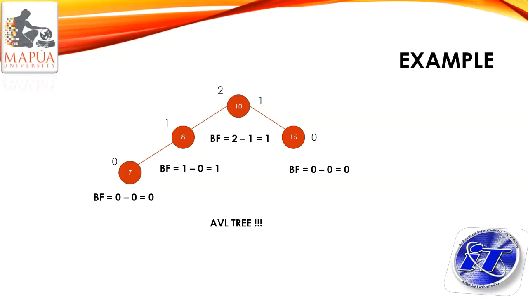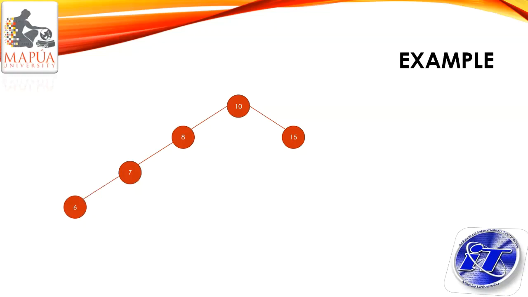Okay. Again, the balance factor should be either negative 1, 0, or 1 for all nodes to be considered an AVL tree. Another example. So we have now 5 nodes. So 0, 1, 2, 3 for the left side, and for the right side we have 1. Let's check if each balance factor is 0, negative 1, or 1. Let's start with node 6. Balance factor, 0 minus 0 is equal to 0.